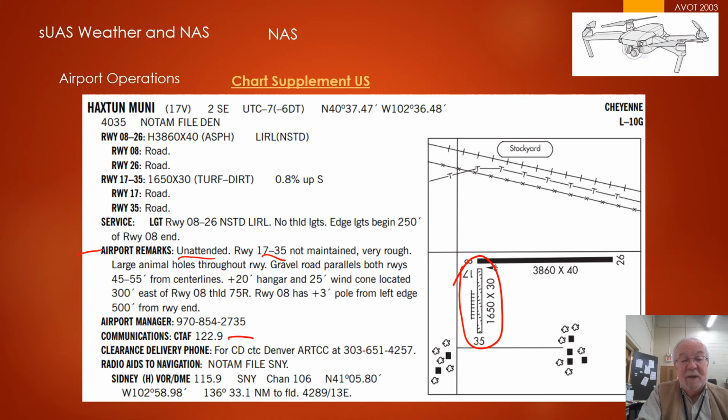There we have a multicom frequency, 122.9. Just means that that's typically what manned aircraft use to talk to each other. It's just a general frequency for a number of different reasons or purposes.